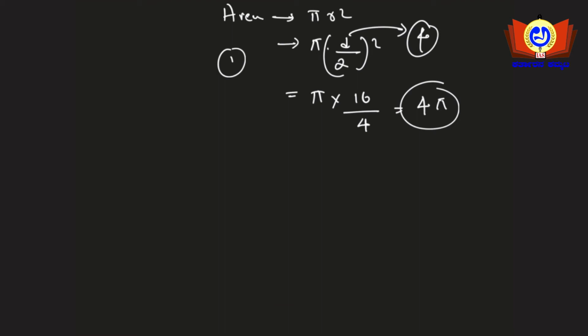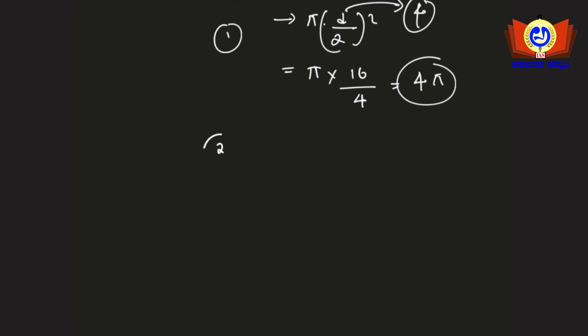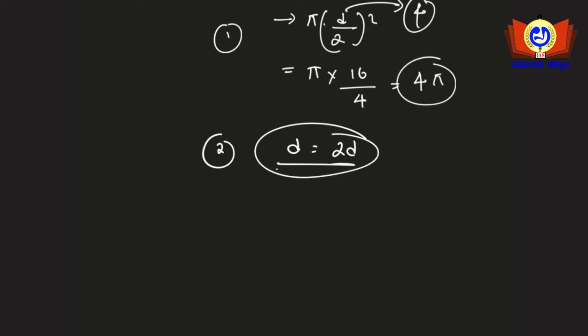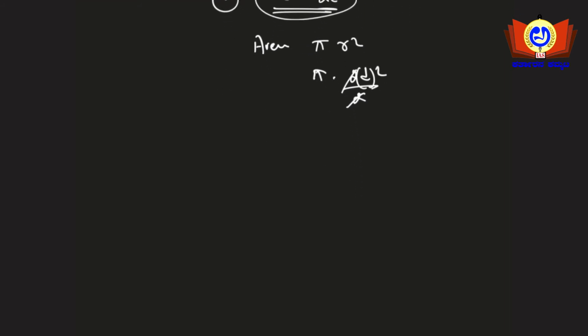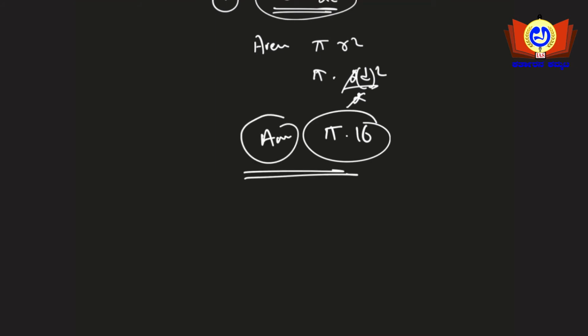When the diameter has increased twice, in the second case D will be 2D. What is the formula? Same for area, pi R square. What is R here? 2D by 2. This will be cancelled, so D will be 4, so pi into 16. 16 pi is the area.